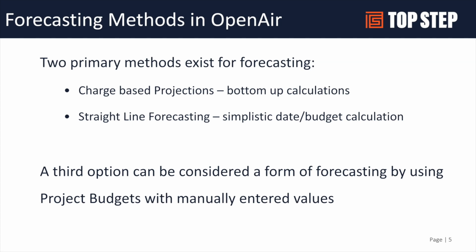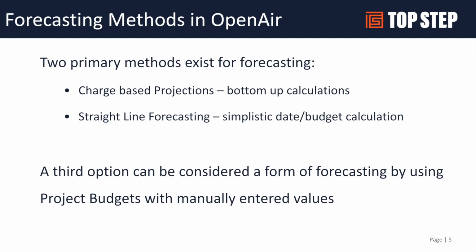And that's where we see straight line forecasting fit in, and we can apply probabilities. You could have custom fields and do custom calculations where you can take the probability of that pipeline, maybe 50% probable, times the straight line forecasting, and then be able to generate a weighted forecast for straight line.